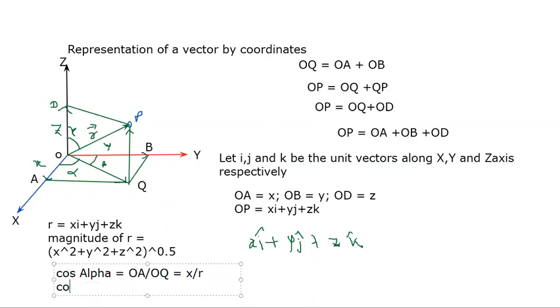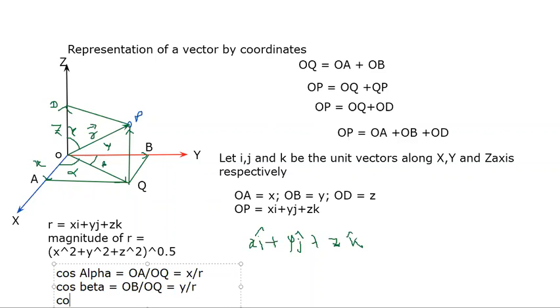Similarly, cos beta will be equal to OB by OQ, and that will be equal to y by R, right?